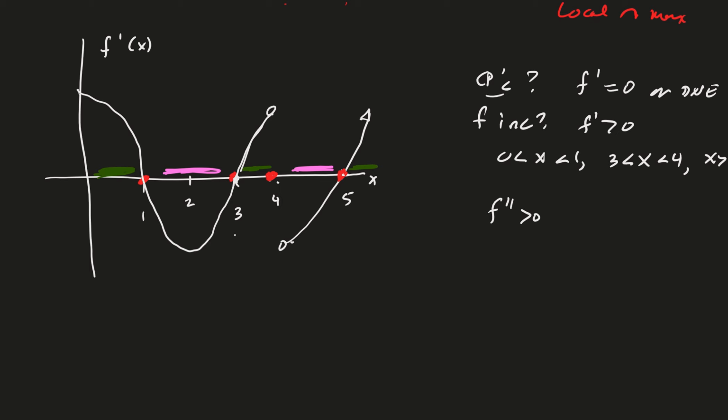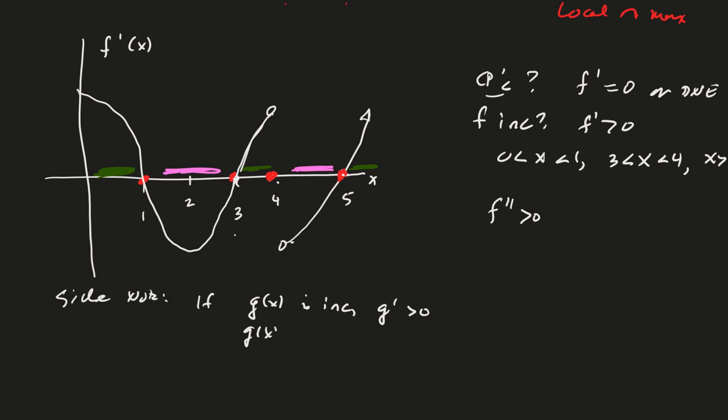And so, okay, how am I going to tell that from the graph of f prime? Well, maybe we'll do a side note here. If g of x is increasing, then we know g prime is greater than 0.